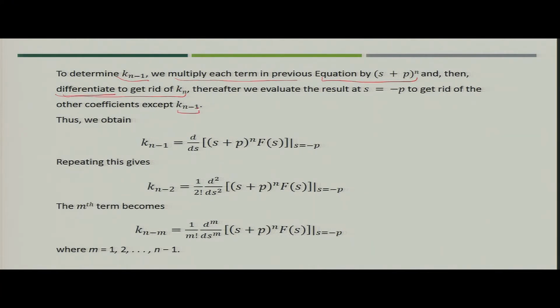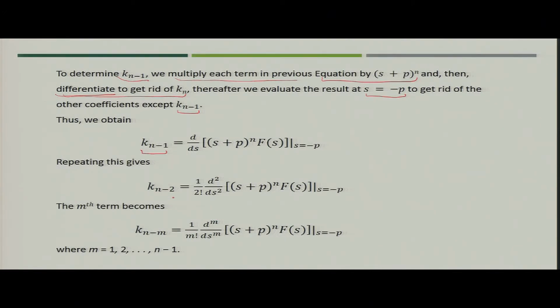Finally, you can put s equal to minus p in the final expression and you will simply get the value of Kn minus 1. So, Kn minus 1 is nothing but d by ds of (s plus p) to the power n F(s), evaluated at s equal to minus p.